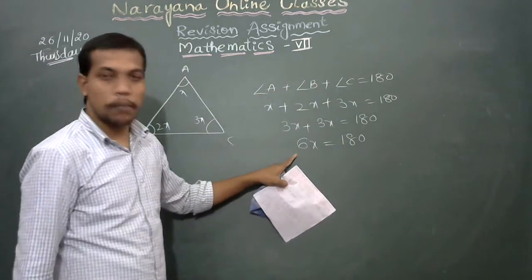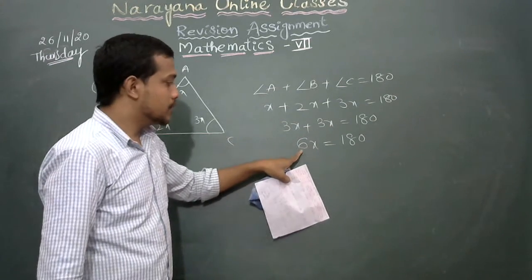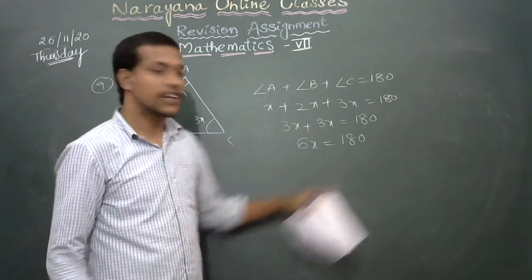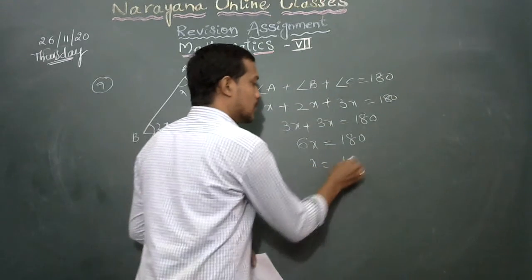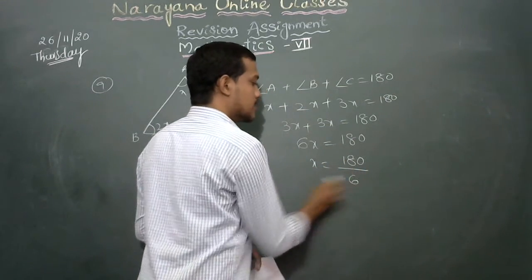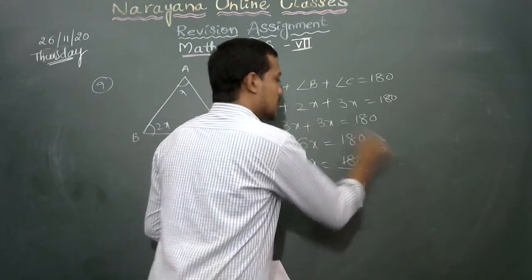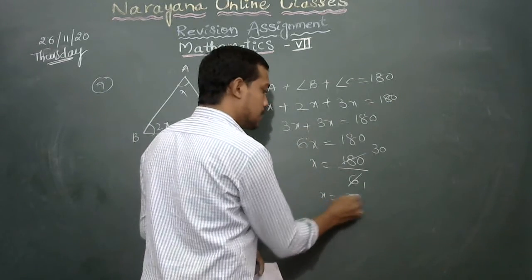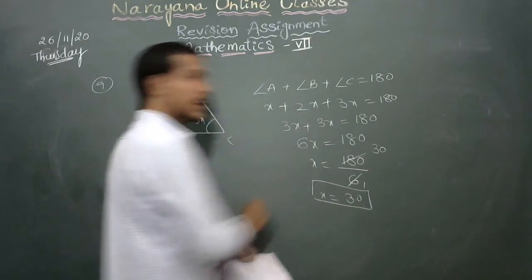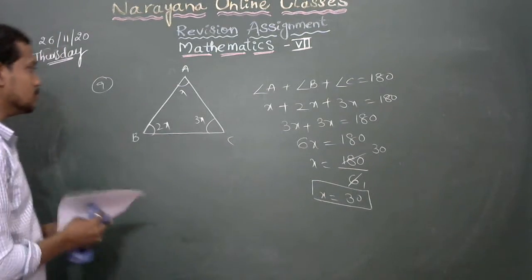Here 6 is multiplying with x. Transpose to the RHS, that is the division of 180. So x equal to 180 by 6. 6 ones are 6, 3 sixes are 18. So ultimately the value of x is 30 degrees.